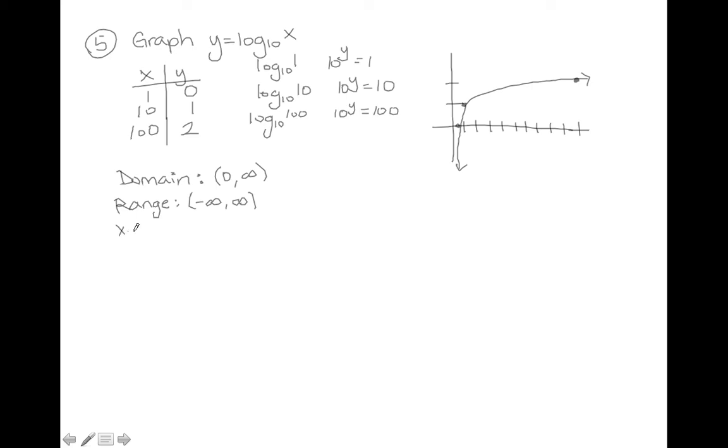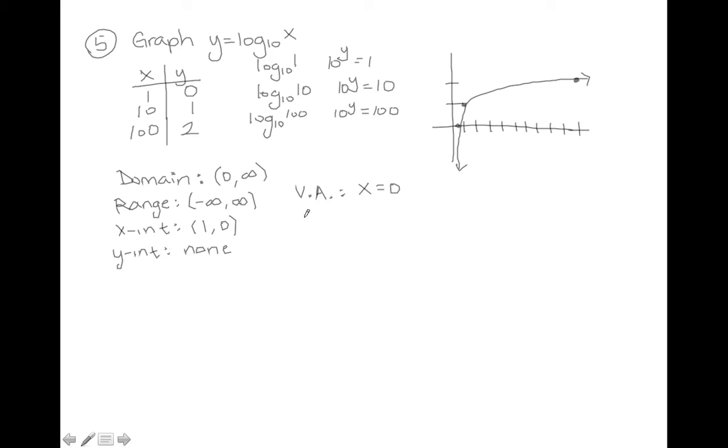The x-intercept I have as part of my table. It's the point (1, 0), this first one. The y-intercept here, this does not ever cross the y-axis, so there is no y-intercept. The vertical asymptote is x equals 0, so it's getting closer and closer to the y-axis, but not touching it.